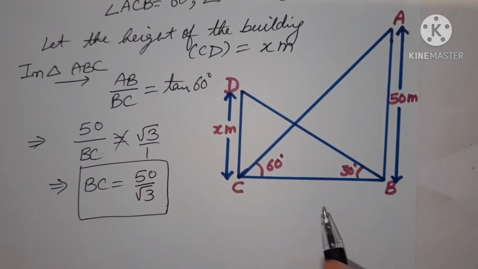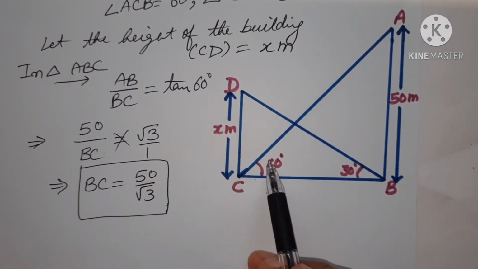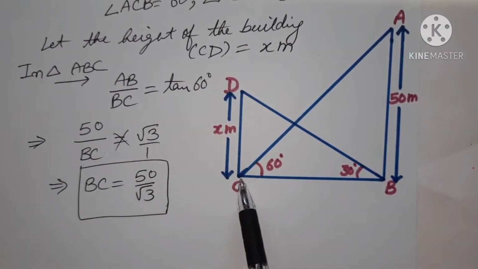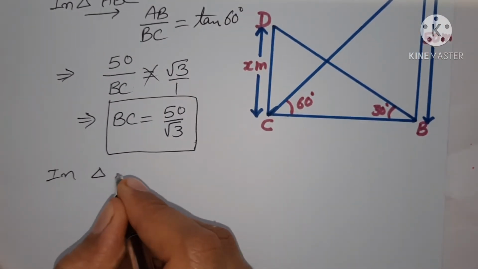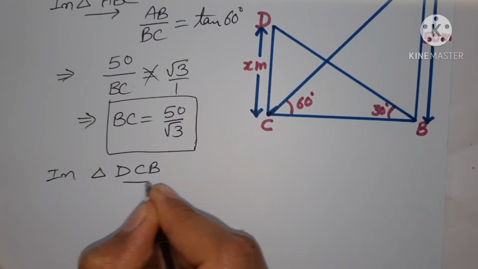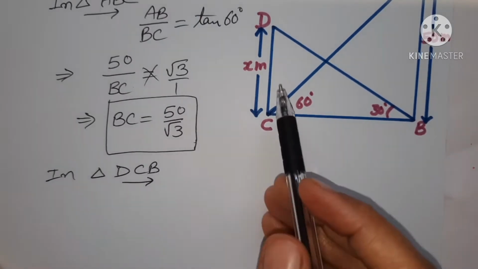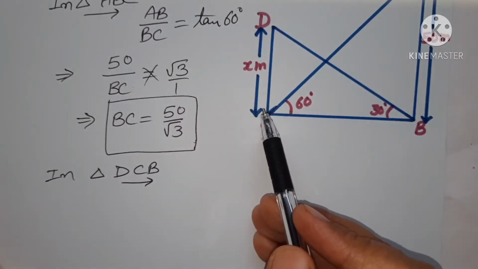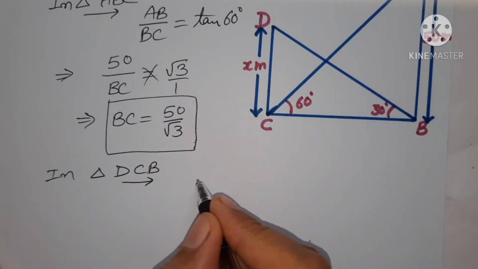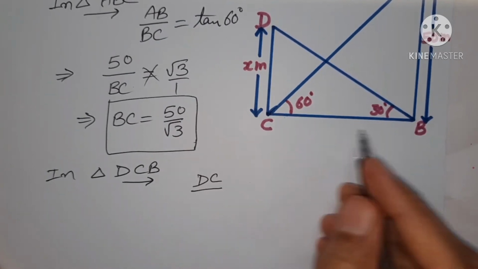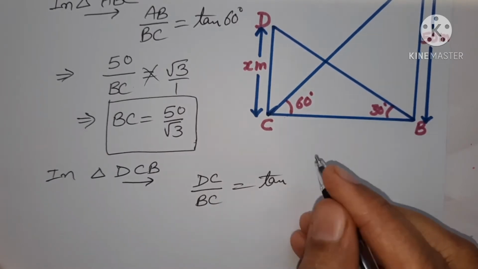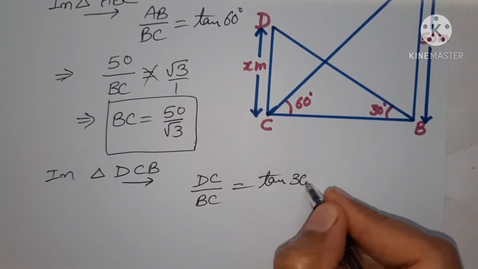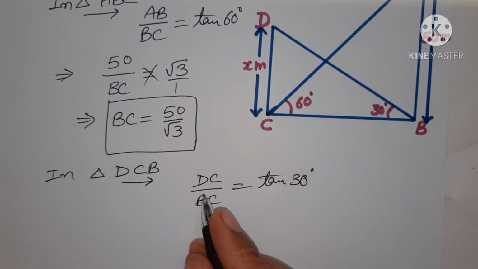Now we will take another triangle, DCB. In triangle DCB, the perpendicular is CD or DC. So we will write DC upon the base BC, and the value of the angle is 30 degrees.